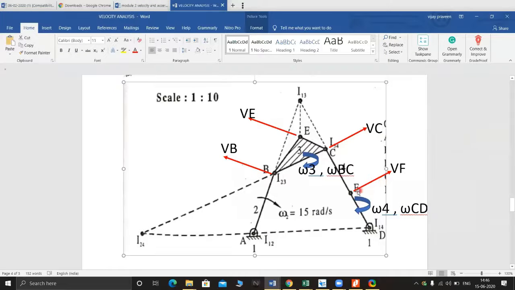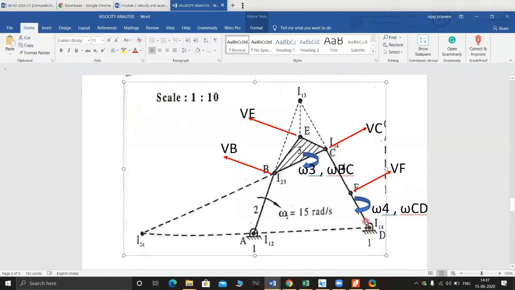Let's take point F, where the corresponding velocity is Vf. Therefore, Vf is equal to omega 4 into what is the perpendicular distance, or radius, with respect to D? What is the distance with respect to D from the F point?